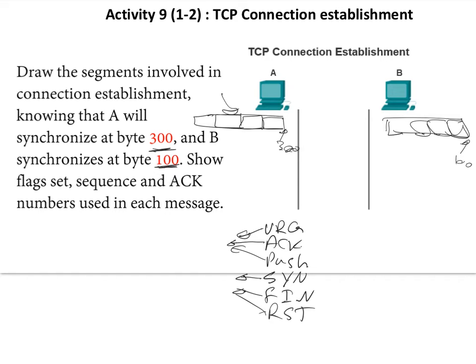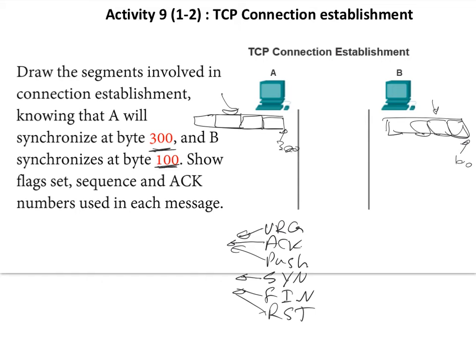So B may choose to keep sending whatever segments are in the buffer to A. So in that case, A will receive the segments, but A does not have any data to send to B. And then when B finishes, B will send another fin, which means that I don't have any data to send to you. So in that case, it's a graceful disconnection. A doesn't have anything to send to B, B doesn't have anything to send to A, so this means that khalas, the connection is gone.